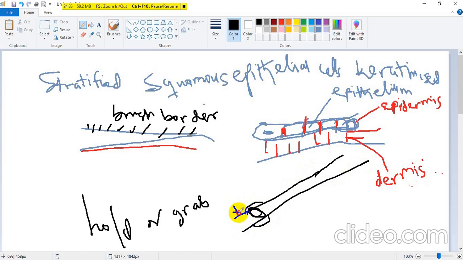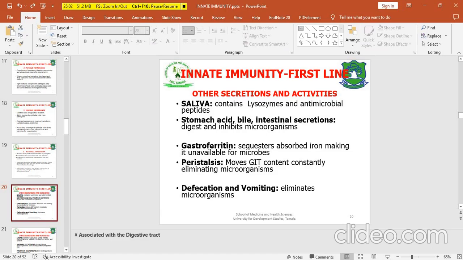Because it will apply pressure here, it will contract here, then here will expand for the bolus to move. When the bolus gets here, it will also contract here, so that there will be a big hole here, then the bolus will travel here too. It will follow like this to get to the stomach. The stomach will also do the same.